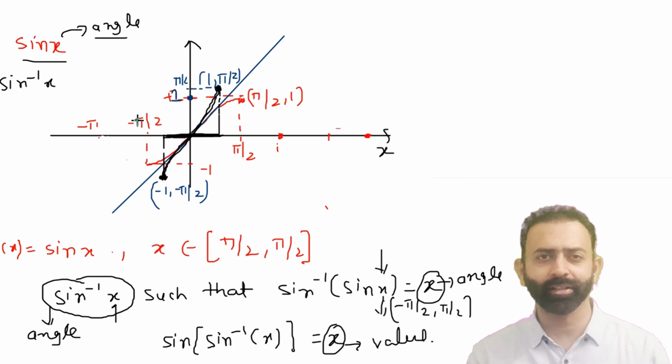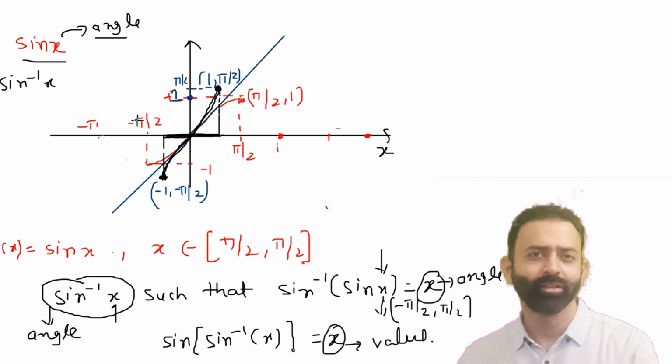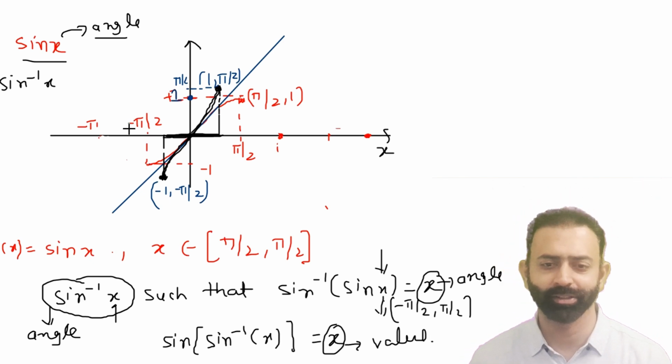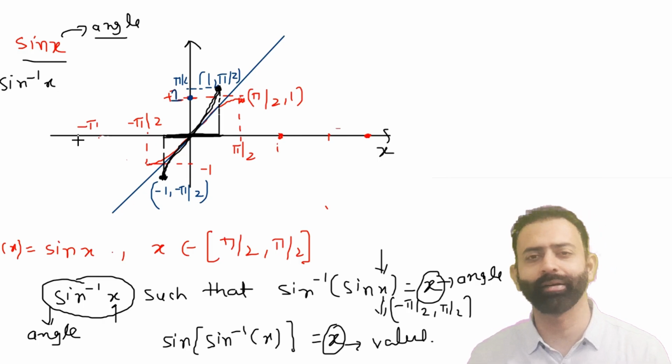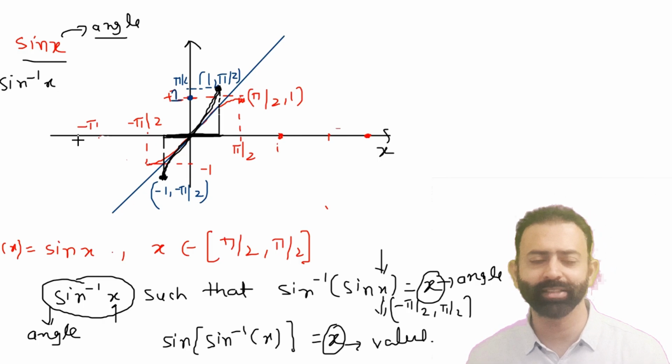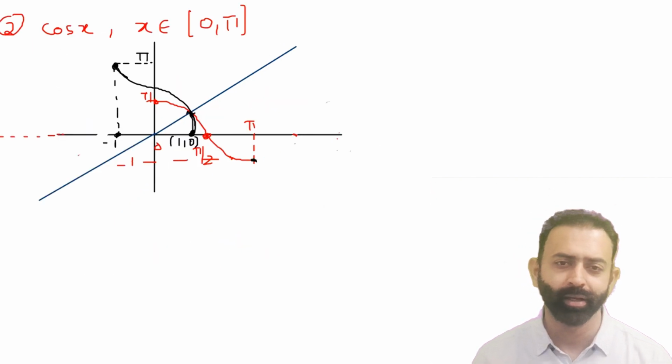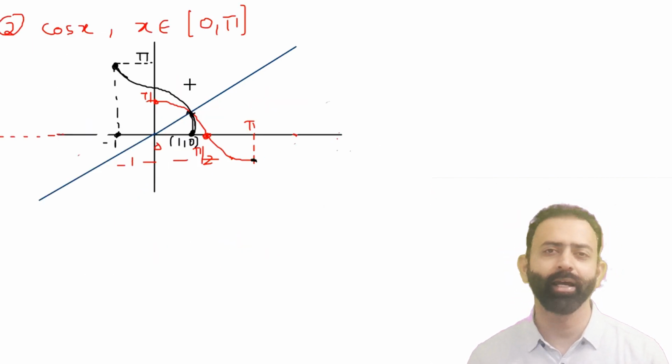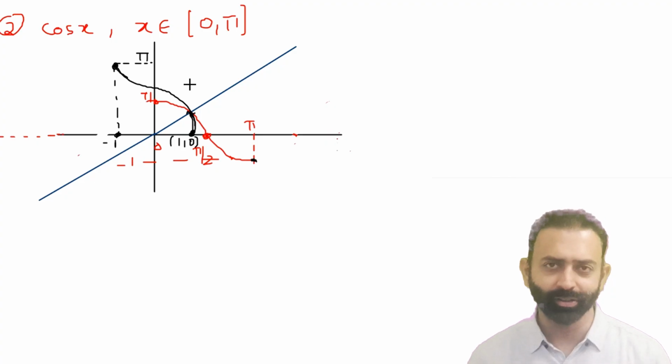So the range of sine x, which is minus 1 to 1, becomes the domain of sine inverse x. Obviously these domain and range get interchanged, and you can verify this on the graph. The same thing we can verify in cos x and its inverse graph. Okay, so cos inverse x.